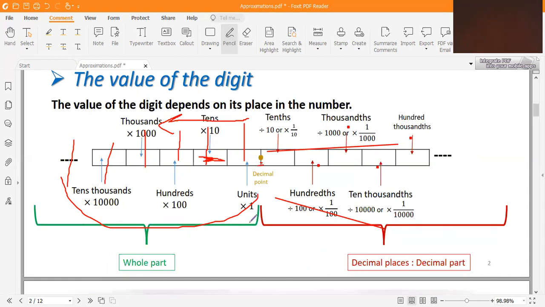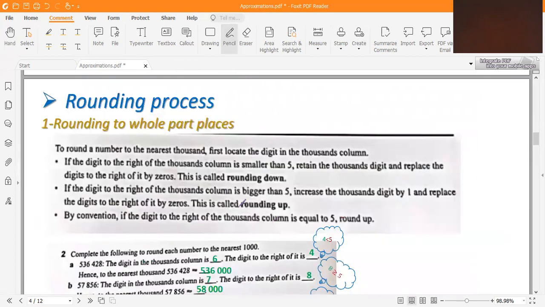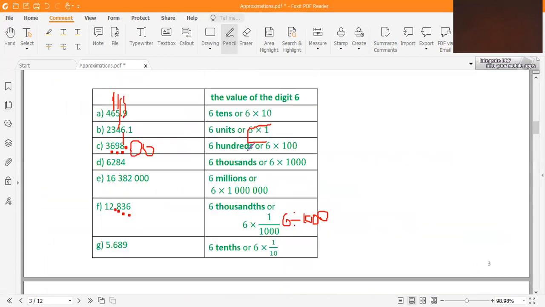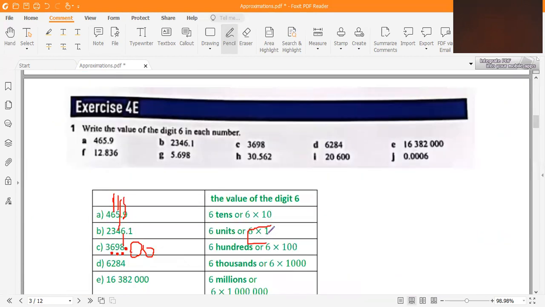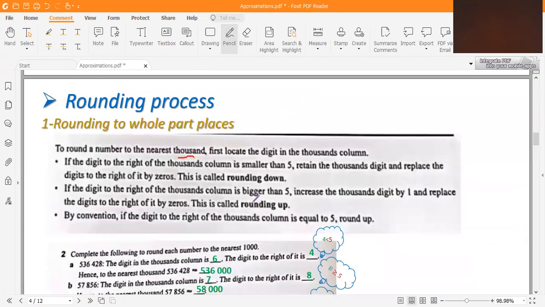They will ask us to round to the units, tens, hundreds, thousands, and so on. For example, we have an example of rounding a number to the nearest thousand. On which column is it located? First, second, third, fourth column to the left of the decimal point.